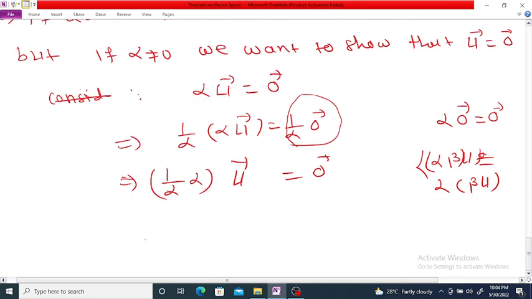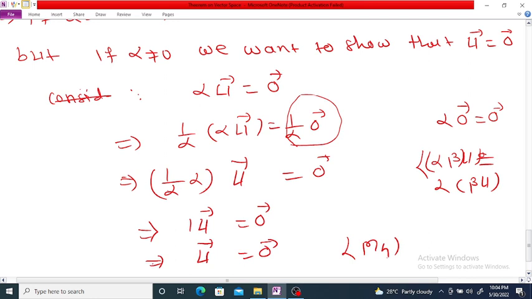But what is alpha into 1 upon alpha? It is 1 into u bar. This is 1 into u bar is equal to 0 bar. But 1 into u bar is equal to u bar, by using M4. And therefore if alpha is not equal to 0, then u bar is equal to 0 bar. This is what we want to show here.